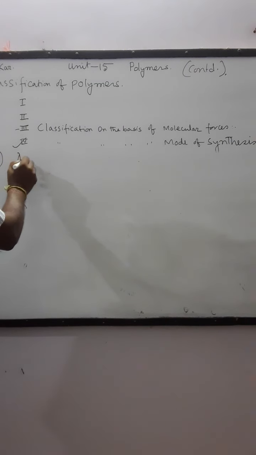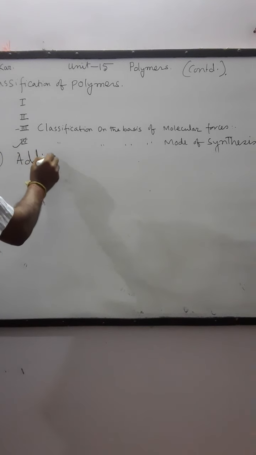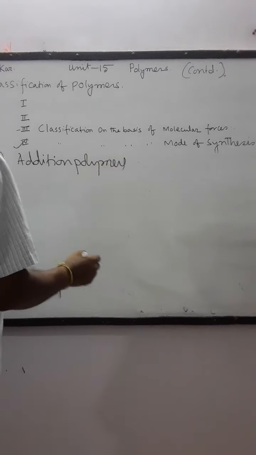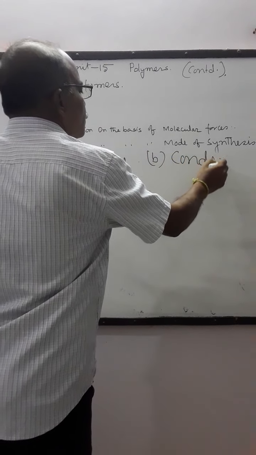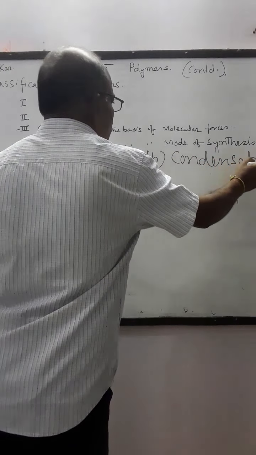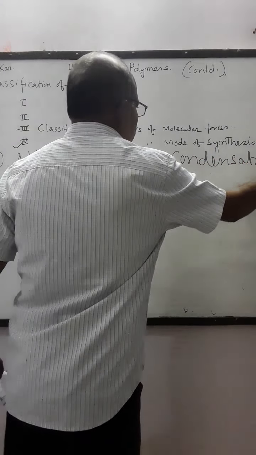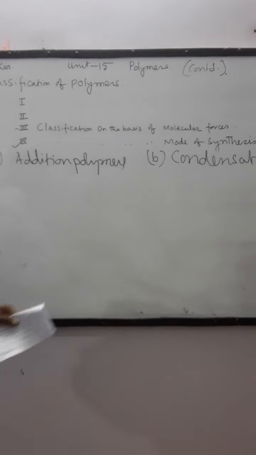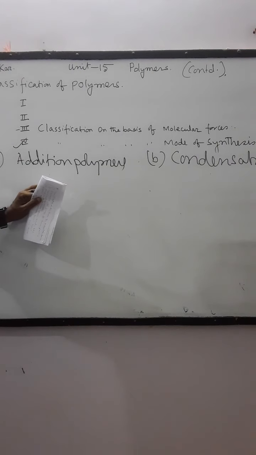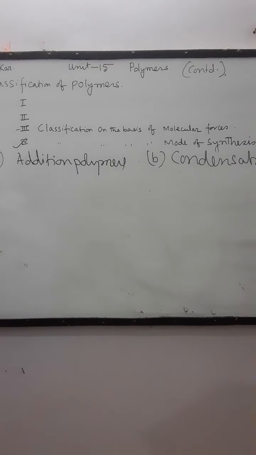Number one is called addition polymer, and second one is called condensation polymer. So there are two types of polymers on the basis of mode of synthesis: addition polymers and condensation polymers.